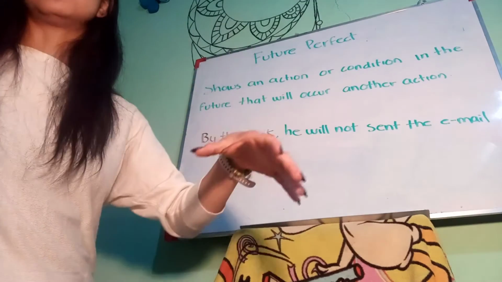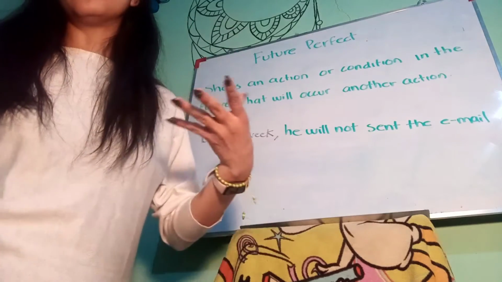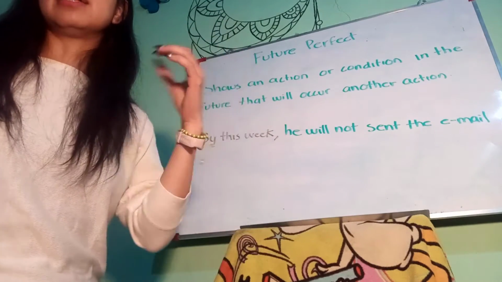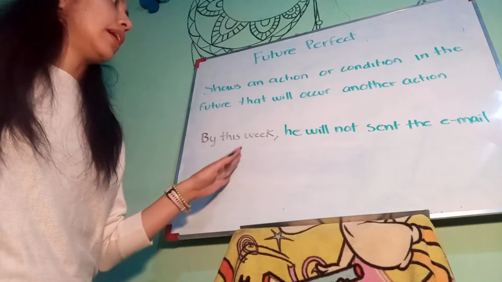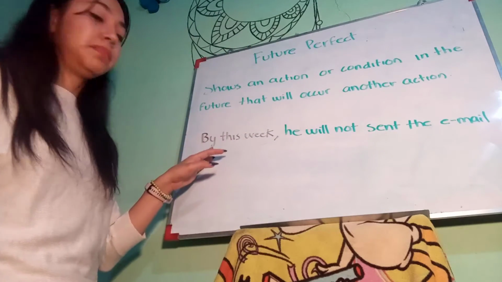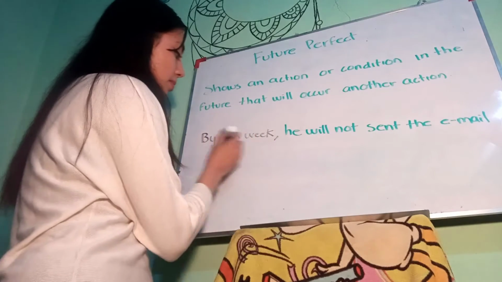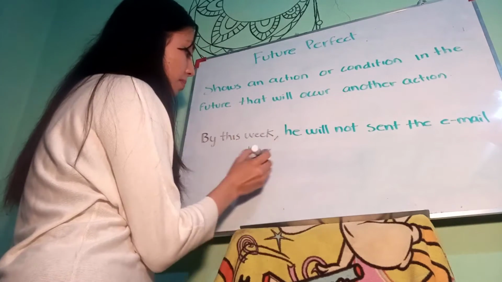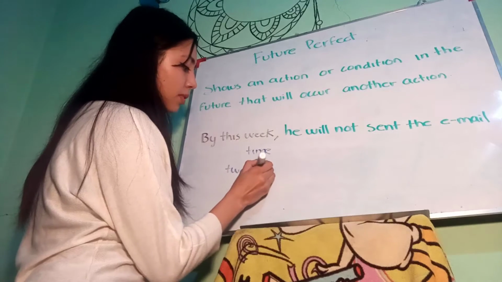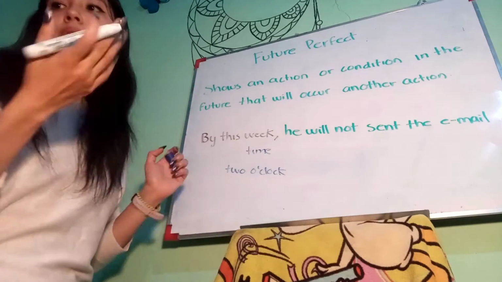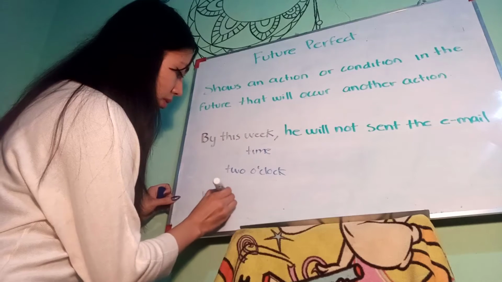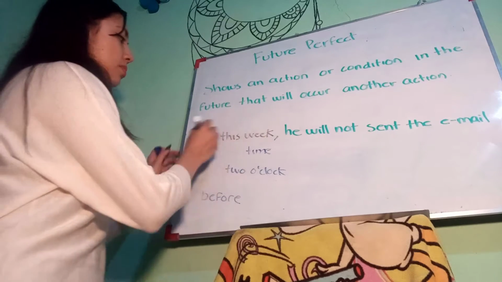It's an action that is happening now or will happen in the future, and we think that it will be finished. It is accompanied by a time expression like by, it could be by this week, by this time, by 2 o'clock, for example, or maybe another one before, or by this morning.